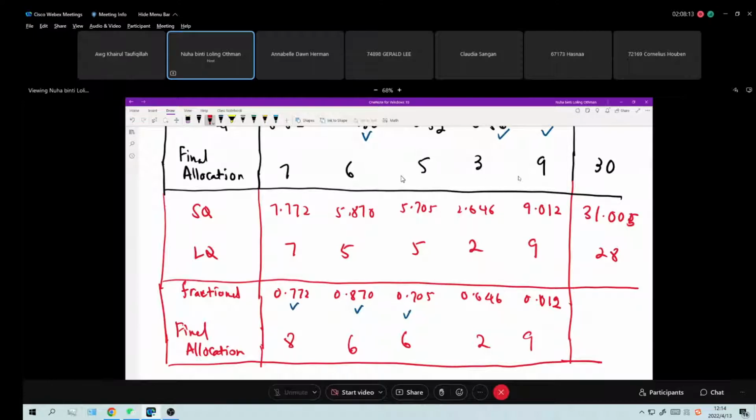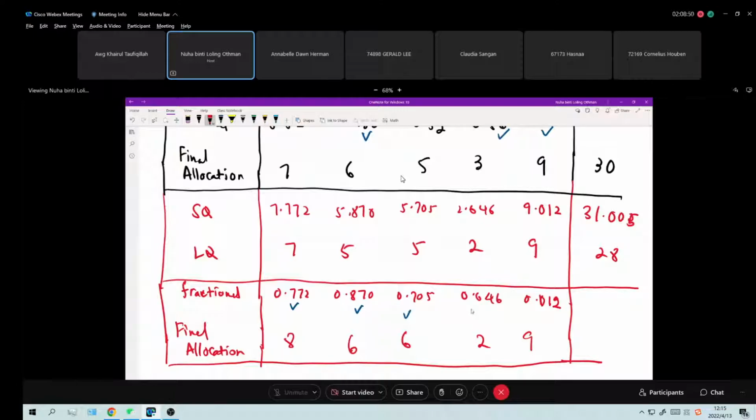While when the mother found another candy and it becomes 31 candies, you can see that the allocation of the candies changes, meaning that Abby gets 8 and then 6 to Bobby stays, and Charlie 6, Dave 2, and this one 9. Oh, 3, sorry, 3.